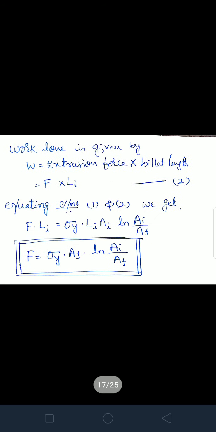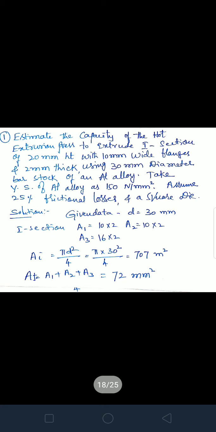Call this equation 1. Then work done is also given by W equal to extrusion force into billet length, that is F into Li. By equating equations 1 and 2, we get F into Li is equal to sigma y into Li Ai ln Ai by Af, or F is equal to sigma y into Ai ln Ai by Af, after cancelling the terms on either side. So this is the relation used for determining the extrusion force.